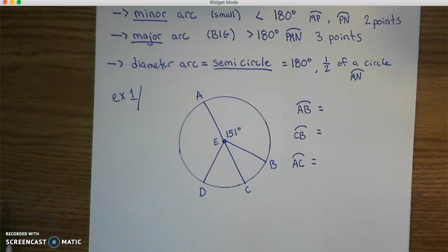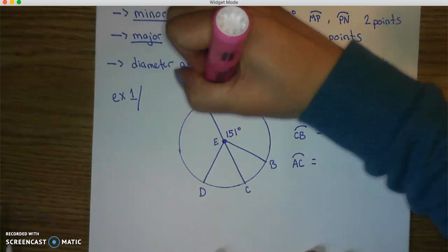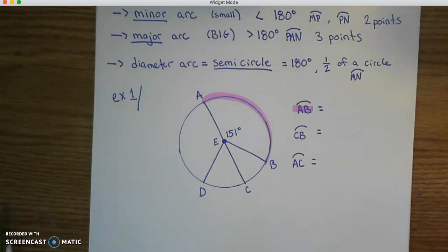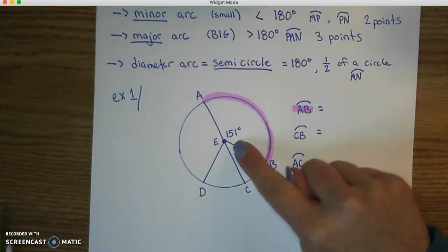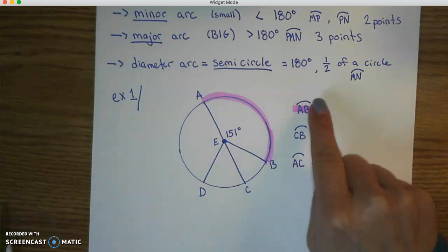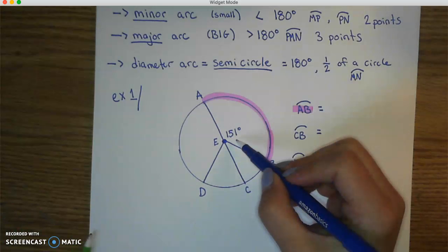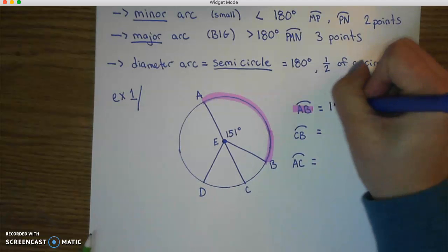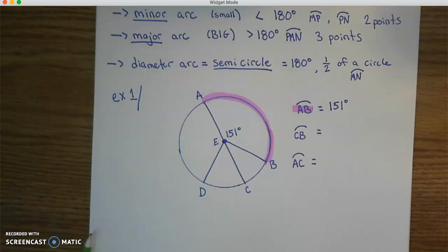Arc AB goes from here to here. What do we remember about an arc and its central angle? They are equal. So if the central angle is 151 degrees, the arc is also 151 degrees. That one's nice and straightforward.